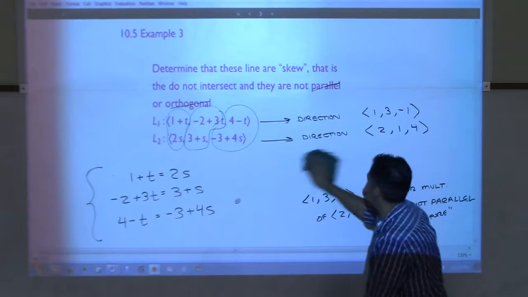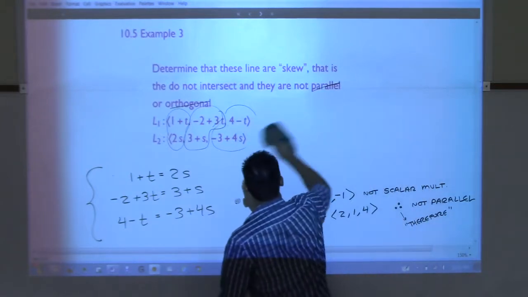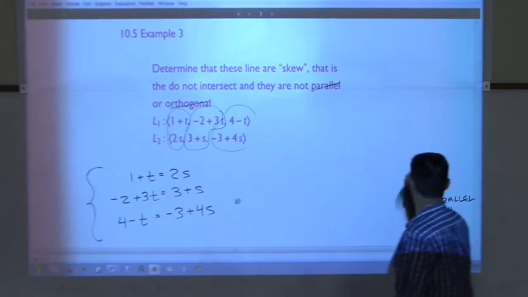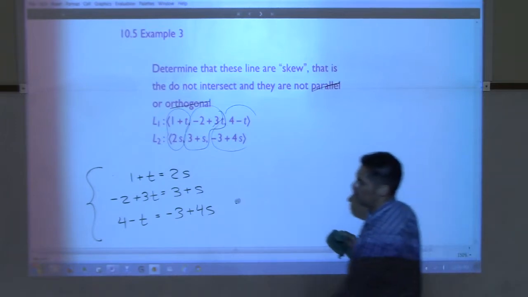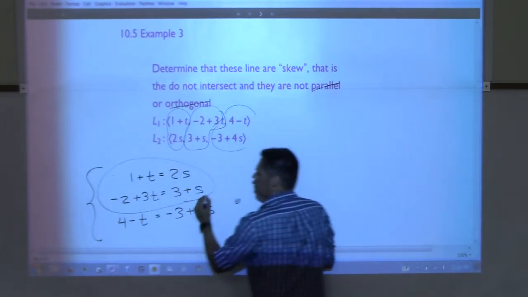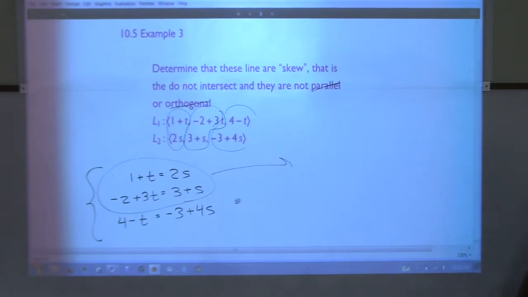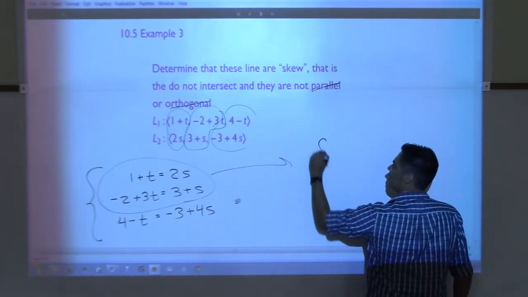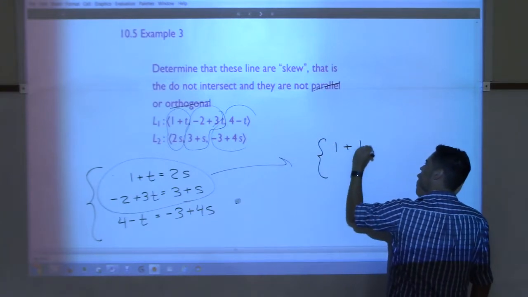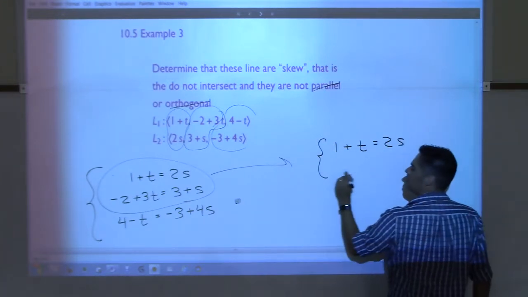All right, so any suggestions on how to go about this? Solve the first 2 and then check the x. Yeah, let's just look at those 2 by themselves first. You can solve that system, right? Let's just solve this little 2 by 2.